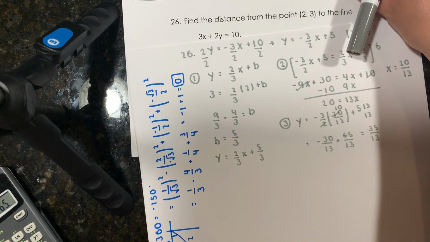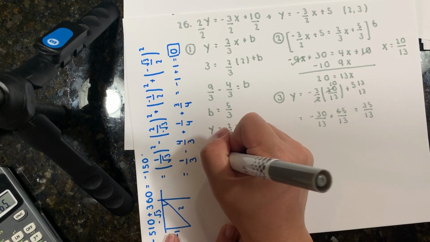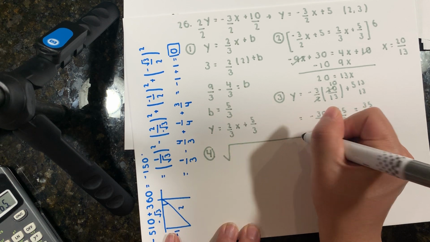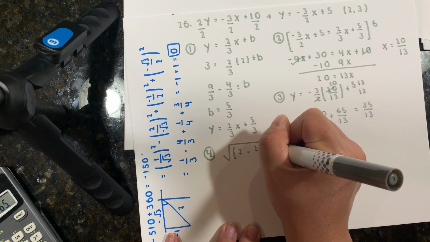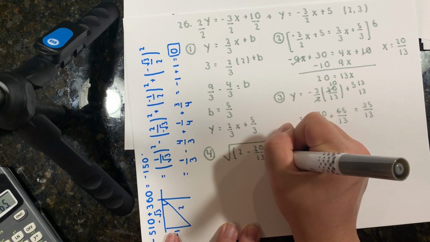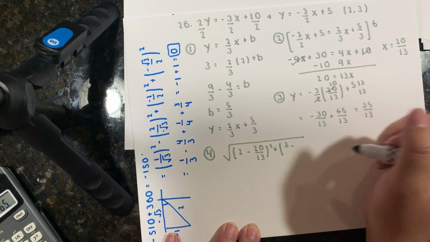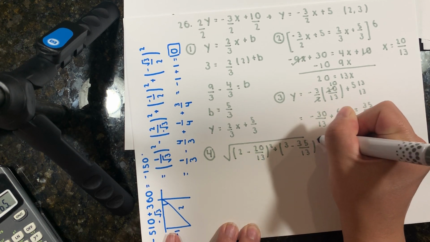So now I will just cover it up. I need to do the distance formula. Distance formula is going to be the square root of x1, which is 2, minus x2, which is 20/13, squared, plus y1, which is 3, minus y2, which is 35/13, squared.